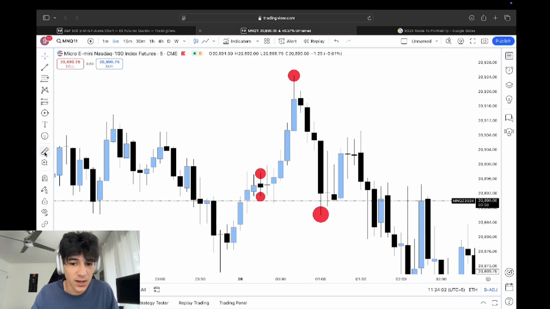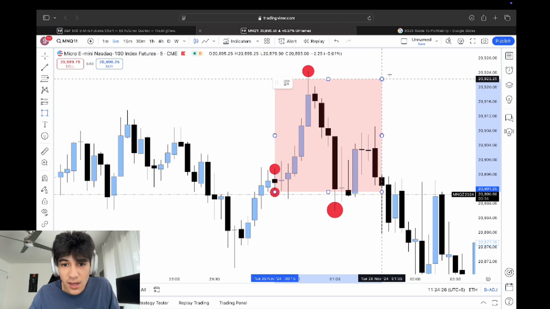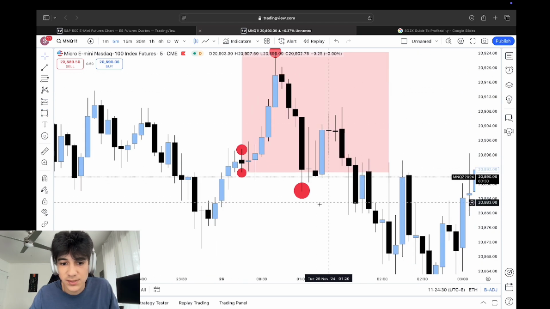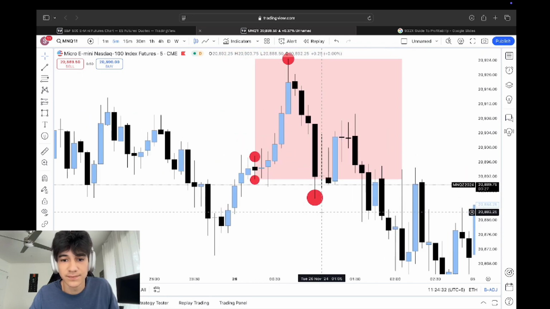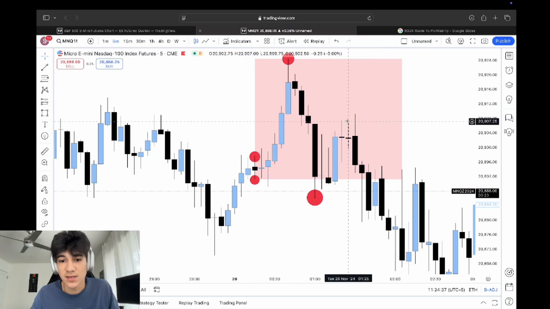The actual zone will be from the second to third, which is right here. As you can see, price rejected and went down after touching into this zone.